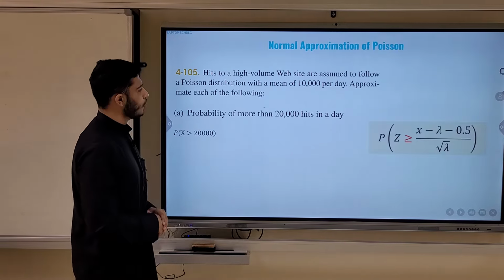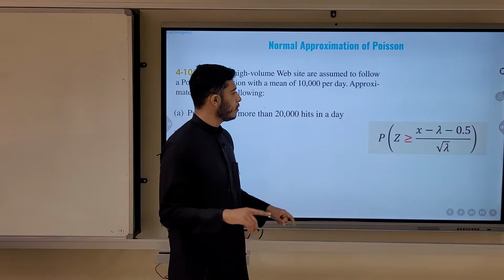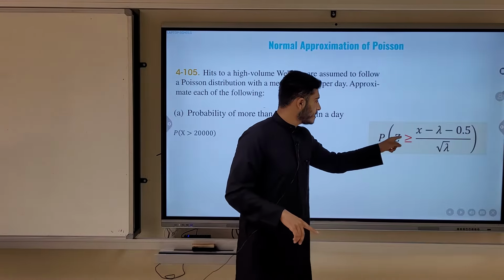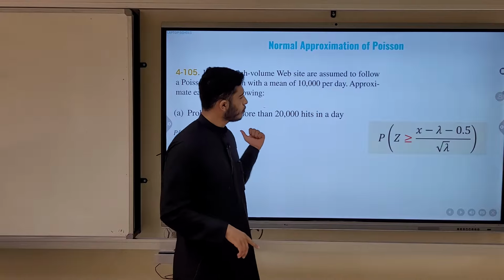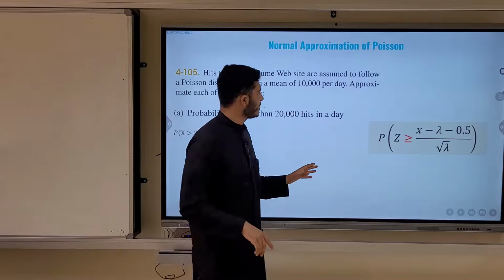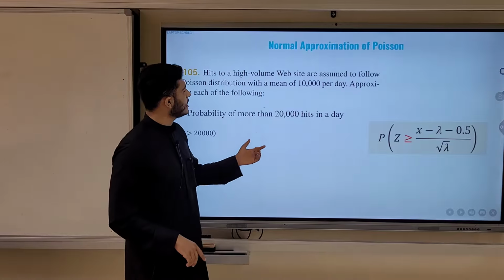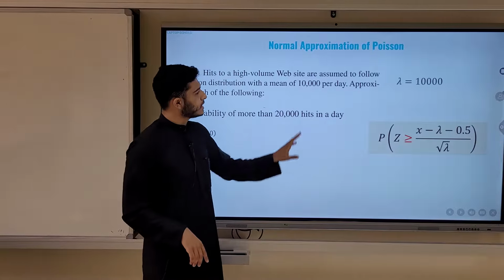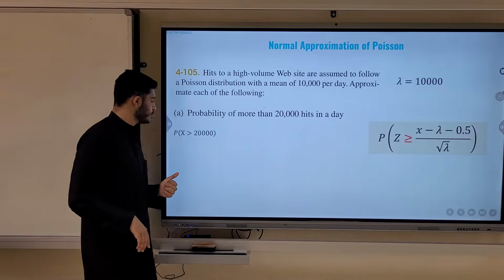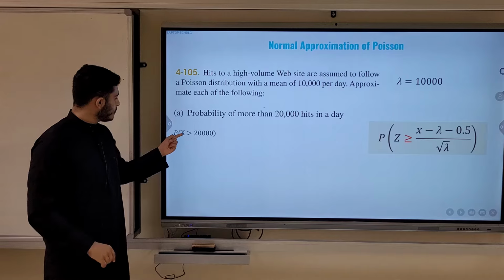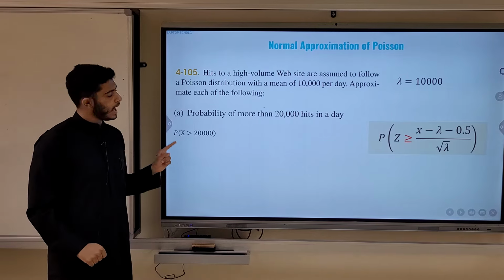Let's see our formula here. Our formula though only works when we have greater than or equal. But before we deal with this, let's find lambda. What is the lambda here? The lambda in question is 10,000, so let's put lambda aside. Now let's fix this issue here. So we need to have greater than or equal. How do we do it?